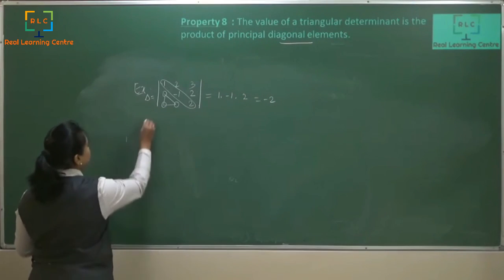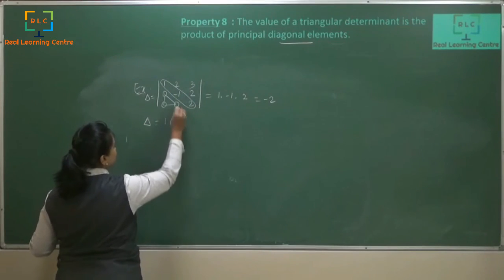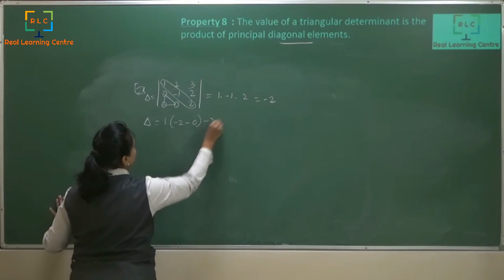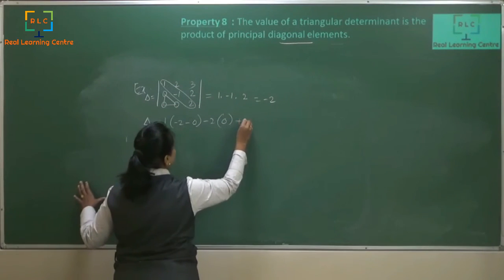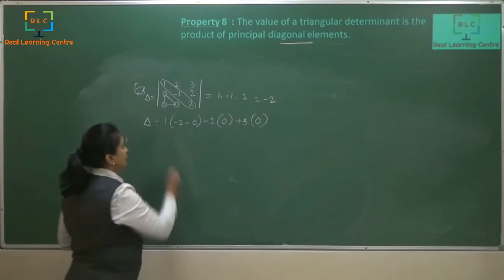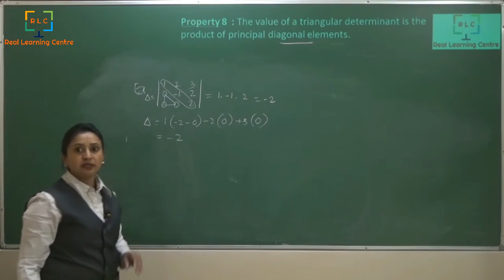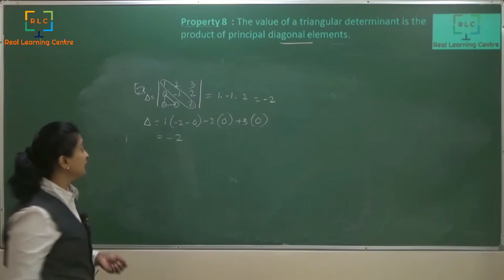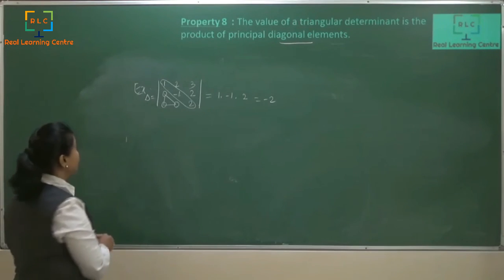Let us expand. So delta is equal to 1 into minus 2 minus 0, minus 2 into 0 minus 0, plus 3 into 0 minus 0. When you expand, you will be getting 1 into minus 2 only, these are zeros. So whenever you have a triangular determinant, now I shall tell it in terms of A1, B1, C1.